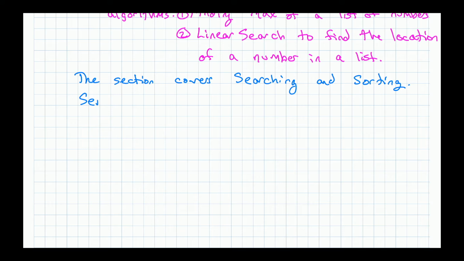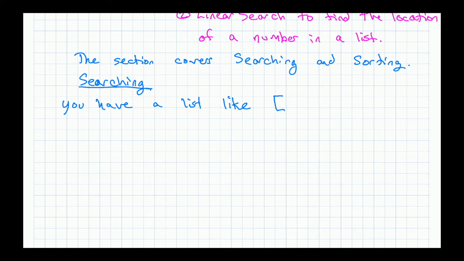Well, searching, of course, is where you have a list. What's in your list could be numbers, could be letters, could be anything. It doesn't matter. I'll just write numbers. So like 2, 5, 3, 12, 15. Why do I have one comma? I don't know. Right?